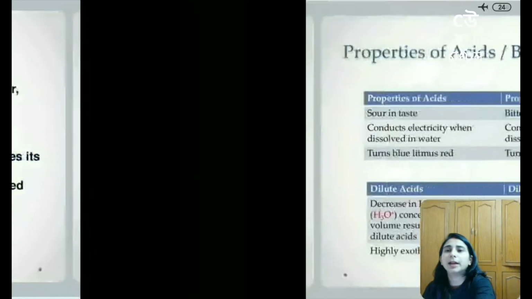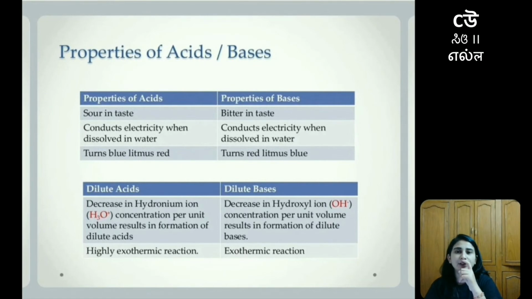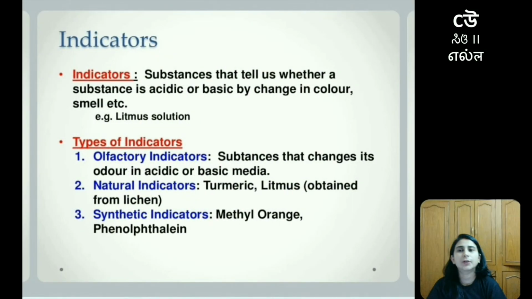So just now we have learned that acids are the ones that will convert blue litmus paper reddish in color, and bases are the ones that will convert red litmus paper bluish in color. So this litmus paper or litmus solution is one very good example of indicator.